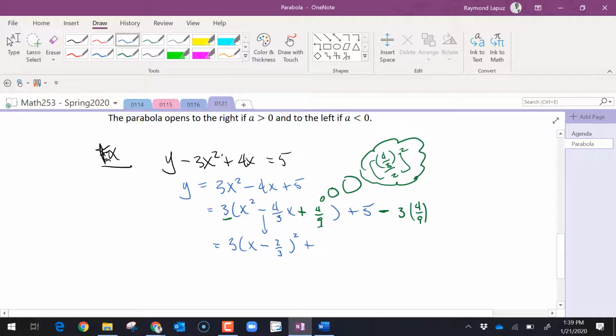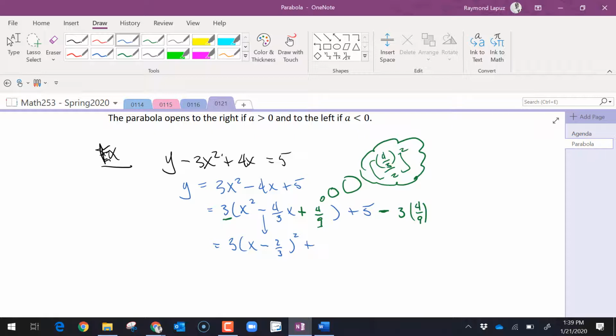So that's 12, 9, that's 45. 45 minus 12 is 33. 4/3.